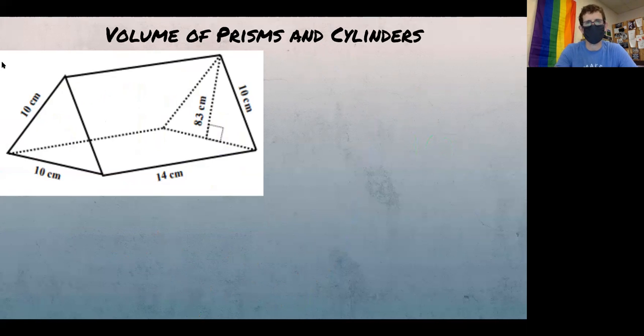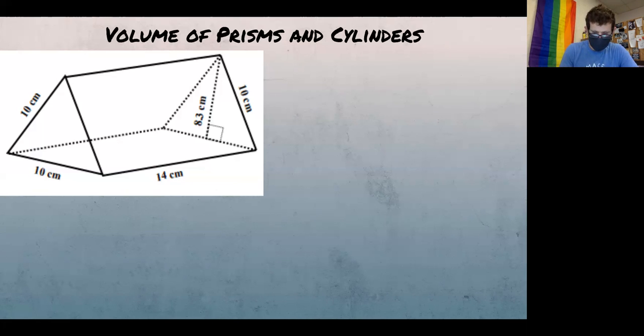All right. So for this one, what kind of prism are we looking at? Okay, it's another triangular prism. Just as a reminder, don't look at what's on the ground. Look at what has a constant cross section. And whatever face has a constant cross section, that is your base.